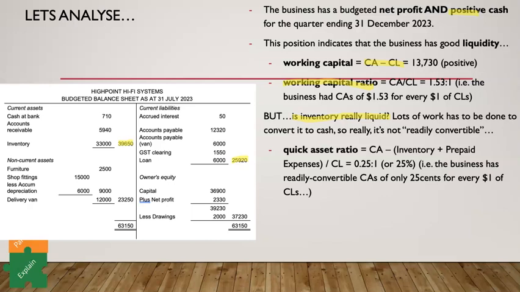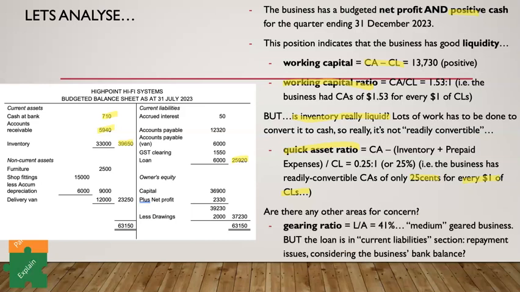You could argue no, so maybe we only have quick asset ratio, assets that we can quickly turn into cash. We might only have 25 cents of assets we can quickly turn into cash, our cash and accounts receivable, for every $1 of current liabilities, which when they're due, we will have to pay them back.